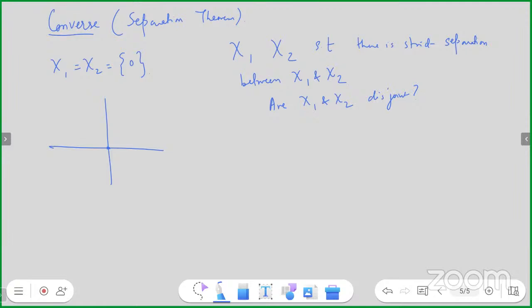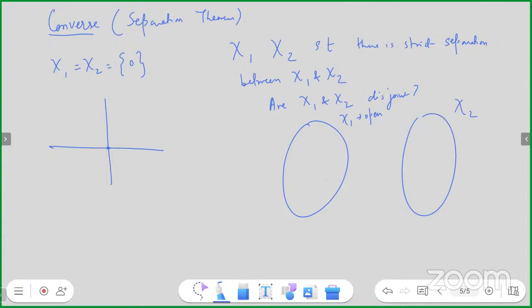Okay, so let's try to do that. So what are we given? A chi1 and chi2. And let's say chi1 is open, even though I'm drawing a boundary. Now what am I given? Strict separation. So let's look at any point here. What can I claim?